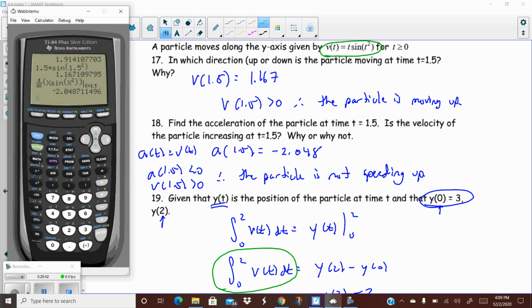We're going to do a math 9, which is the integral from 0 to 2 of x sine of x squared dx. And that's going to give us 0.826. And that's all we have to write, 0.826.